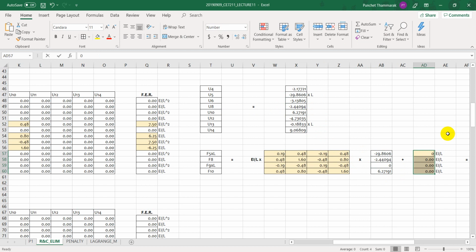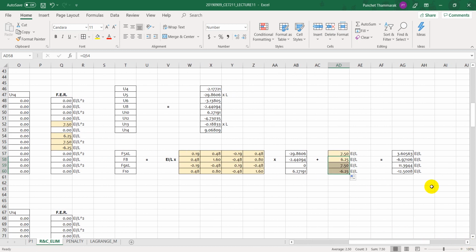So this is equal to, oops, sorry, this is the fixed end reaction, so this one and this one. Okay, so we get this.